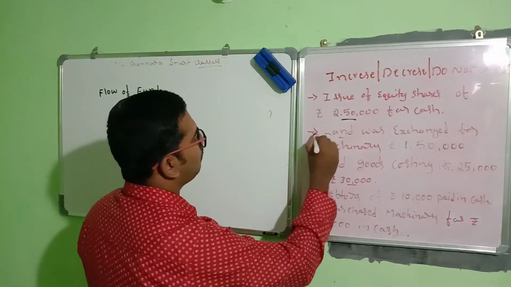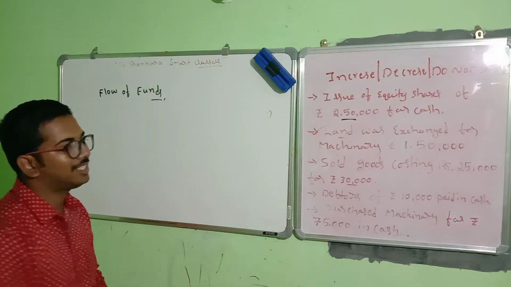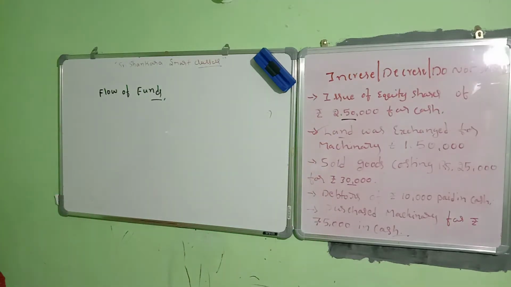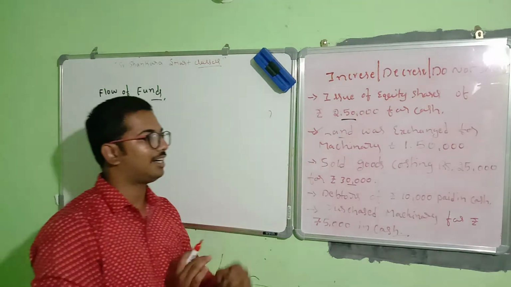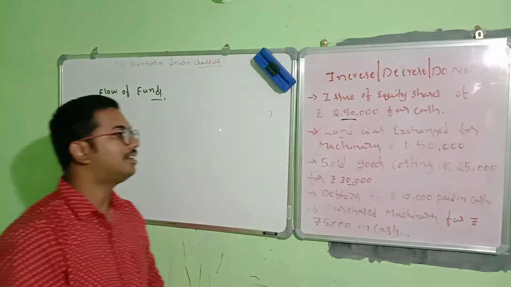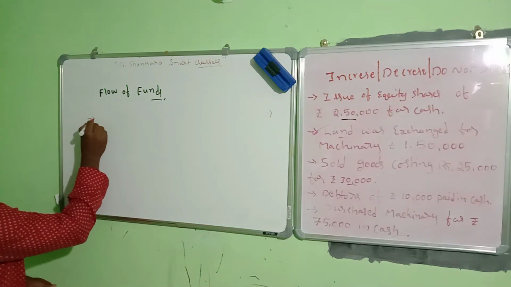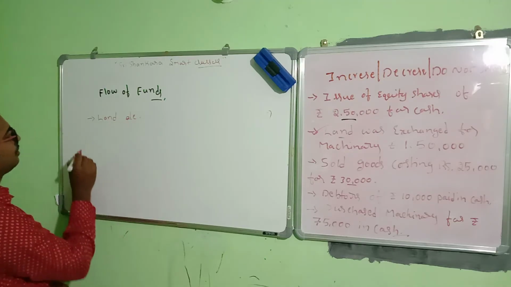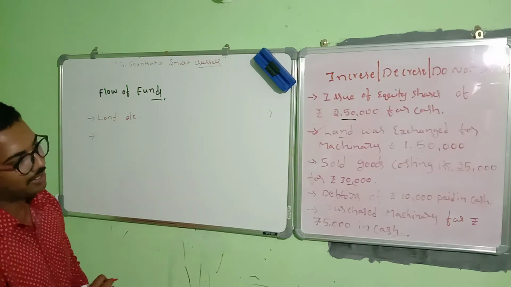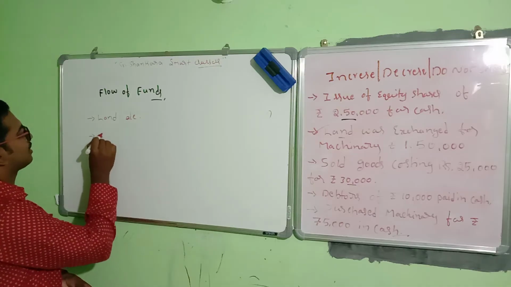Look at the second one now. Land was exchanged for machinery, rupees 1,50,000. So identify the accounts involved in the transaction here. One is the land account. Another one is the machinery account.